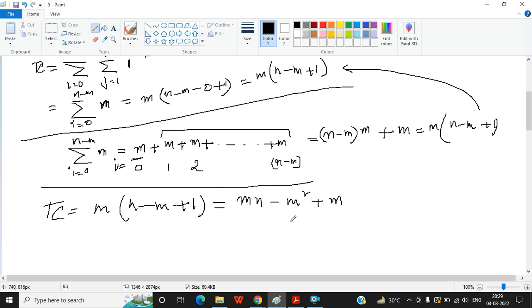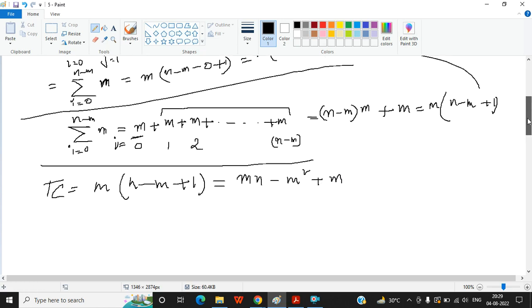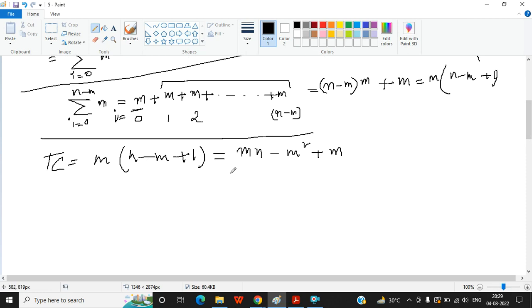So what will be your time complexity here? See, the relation gives us three terms now. Linear equation we have to do. No, it is not a linear equation.